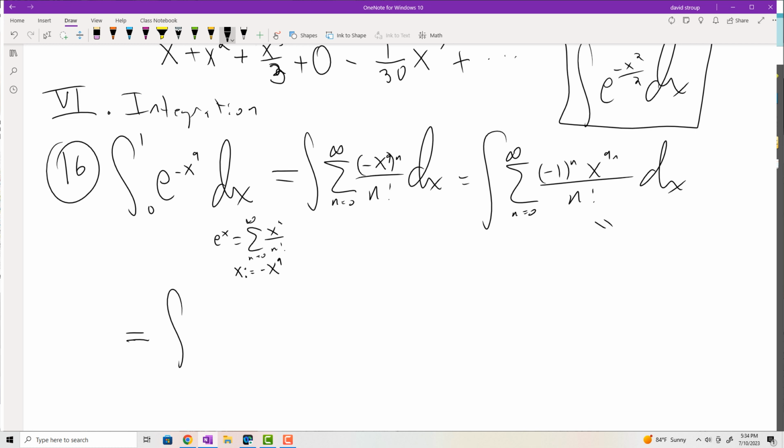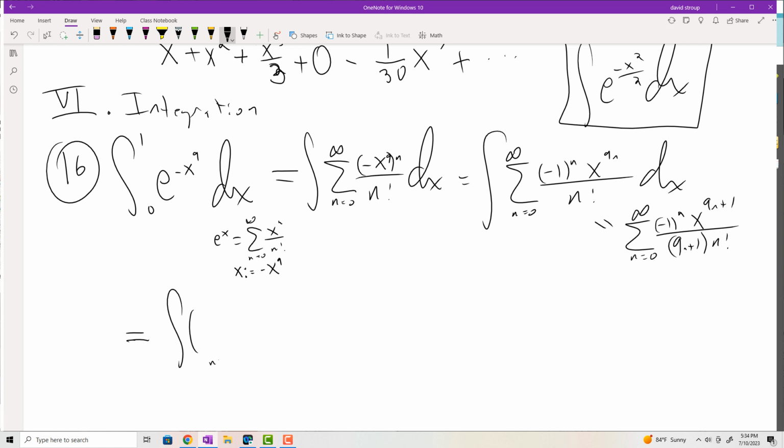So if I were to integrate the formula, it's going to be negative 1 to the n times x to the 9n plus 1 all over 9n plus 1 times n factorial. And I believe it will still have index of 0. Okay, but let's look at it expanded.